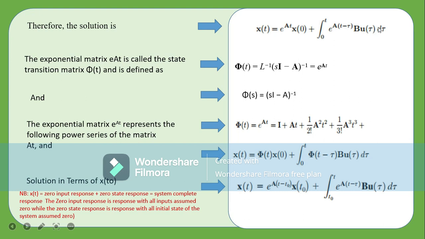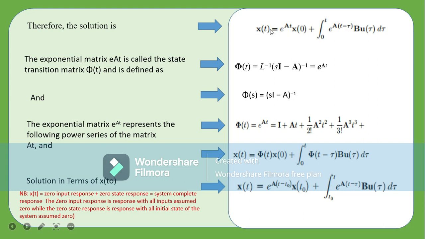Tau, and you are integrating with respect to what? The tau. You can see that your limit is from 0 to t. The only difference here is that this component is delayed by tau, b u of tau. So please go and look at your convolution integral, and you'll be able to see what has happened here.